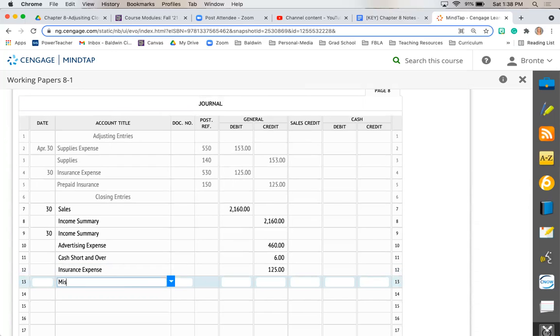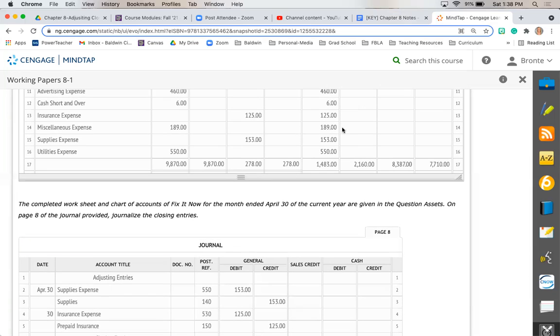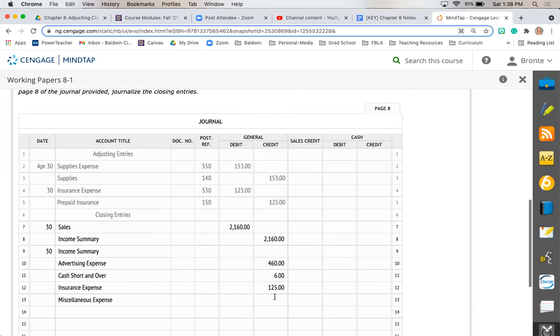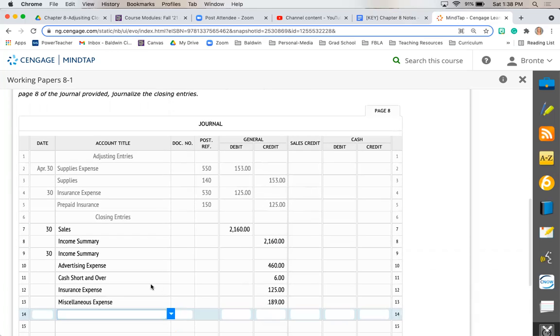Then we have miscellaneous expense. It is getting a credit of 189. Supplies expense, it is getting a credit of 153.